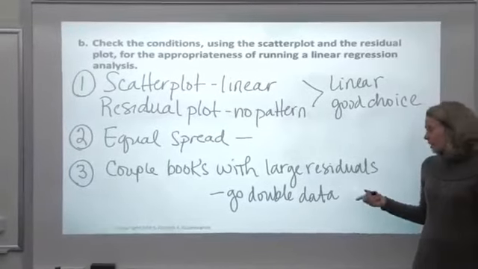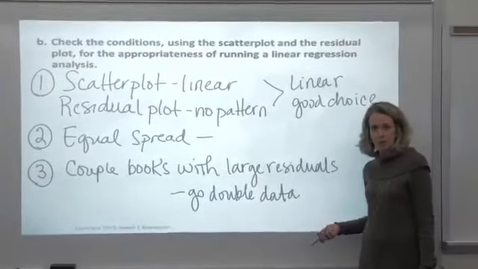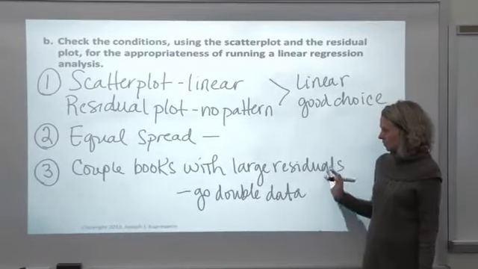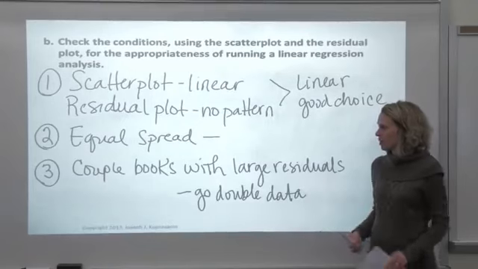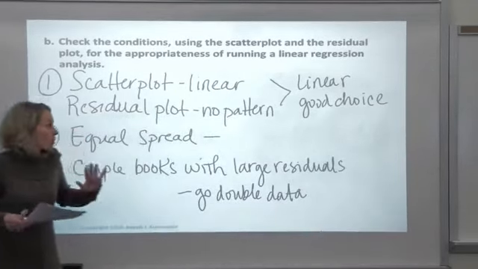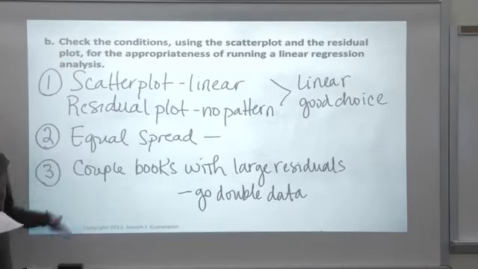Make sure there wasn't some kind of typo in entering that book or that that book was in some way different from the other books. They weren't extremely different from the rest of them, but something you might want to go back and look at. So overall, there weren't glaring violations here for the appropriateness of a linear model, but a couple things that we might want to look at a little closer.